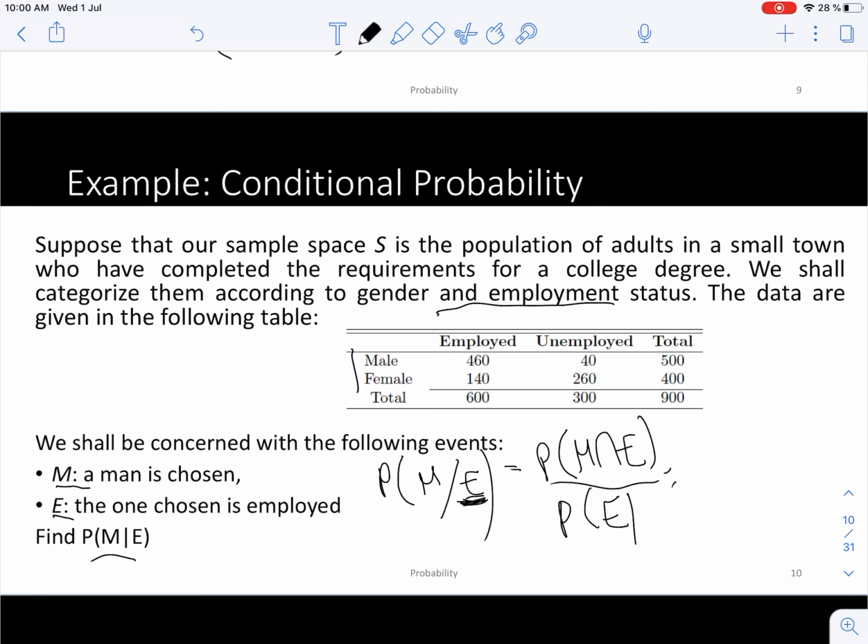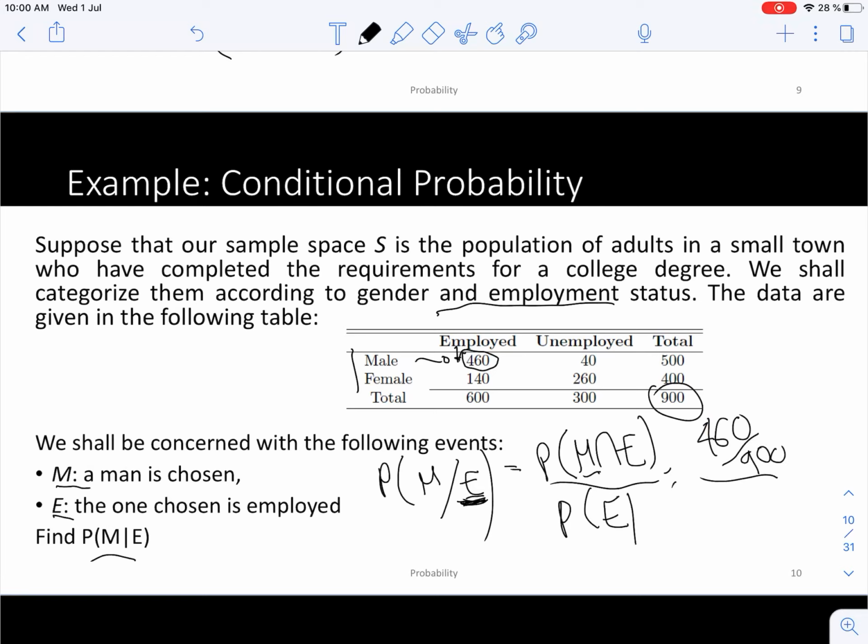So let's find those probabilities. The first one, M and E: the person chosen is a man, and the person is employed, so the 2 events happen at the same time. That will be 460, right? This is the intersection of male and employed. So that occurs in 460 out of the total, out of the 900. So the probability will be 460 divided by 900.